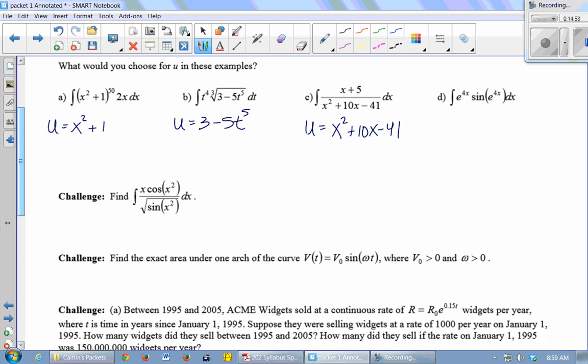All right, for D, we have e to the 4x times the sine of e to the 4x. What would you choose as u? 4x. That would still leave you with e to the u times the sine of e to the u, which is not a function coming from a derivative.